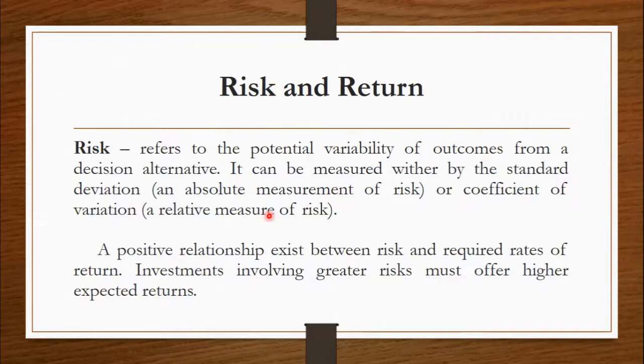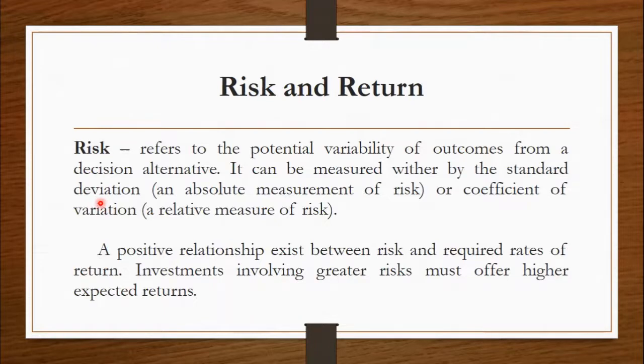So, next we have risk and return, which I think is the last one. When we say risk, it refers to the potential variability of outcomes from a decision alternative. It can be measured by standard deviation.